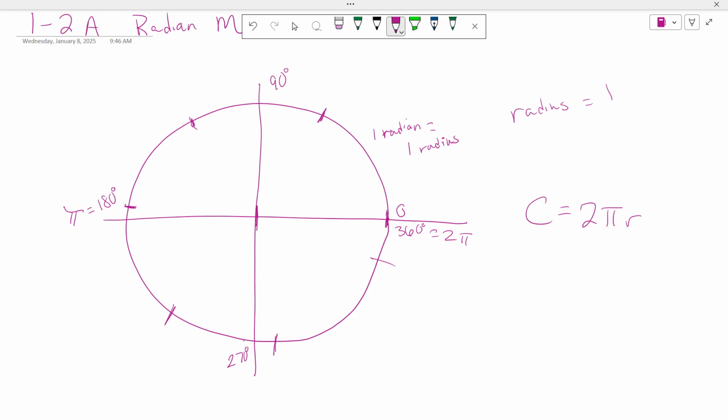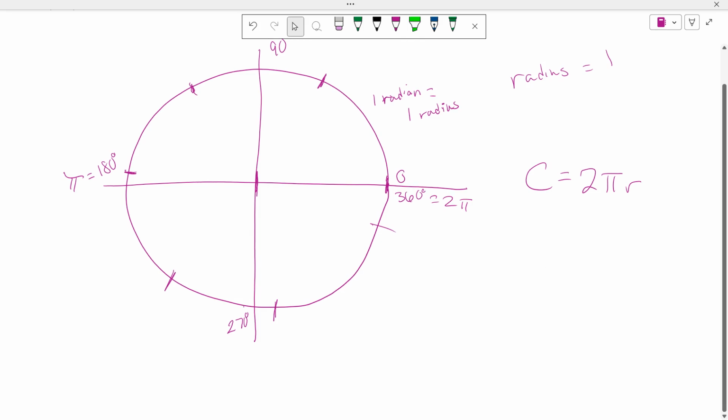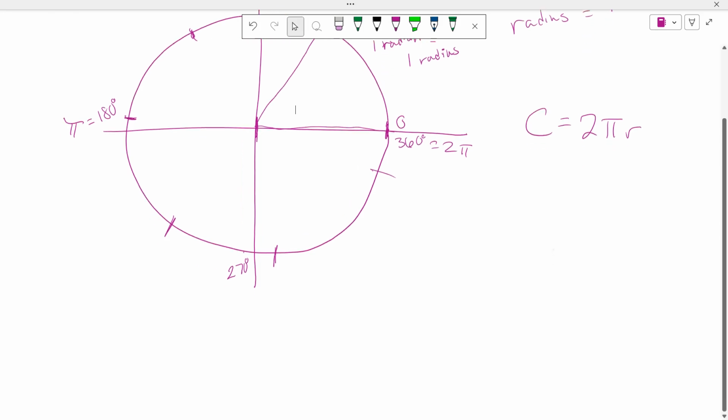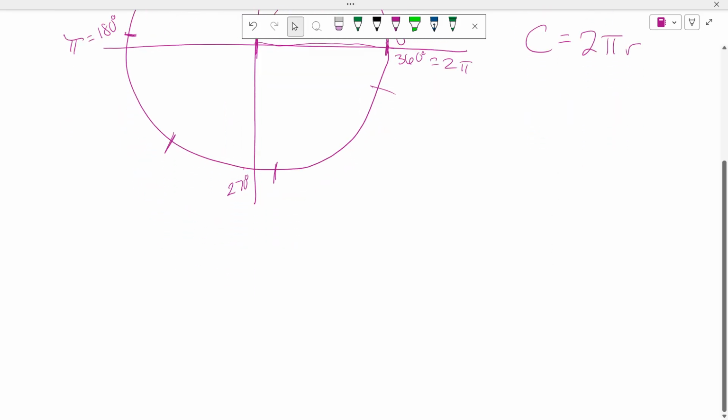It's a distance just like degrees are a measure of an angle. So this angle right here might be, I don't know, 67.5 degrees, or it might be 1 radian. Let's figure out exactly how that works.